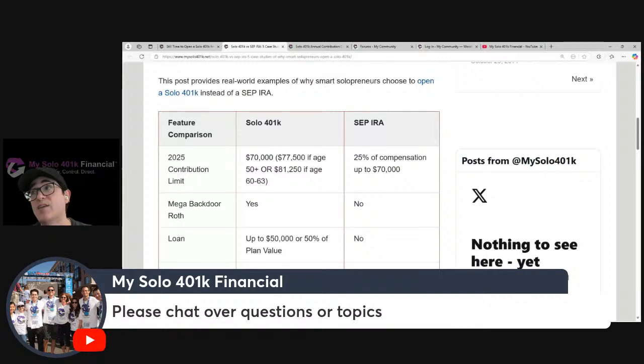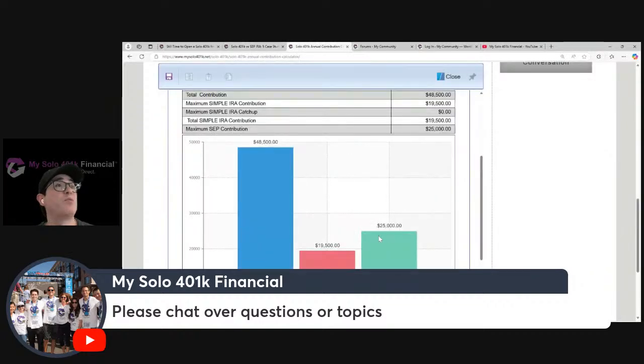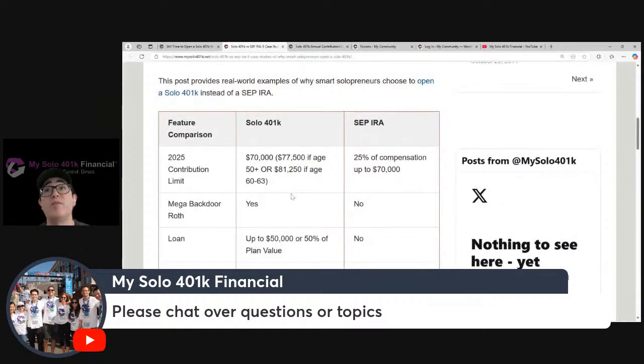For a business taxed as an S Corp, that's going to be 25% of those W-2 wages. That's why in this scenario with $100,000, the person could contribute $25,000 to the SEP IRA. And that's it, right?